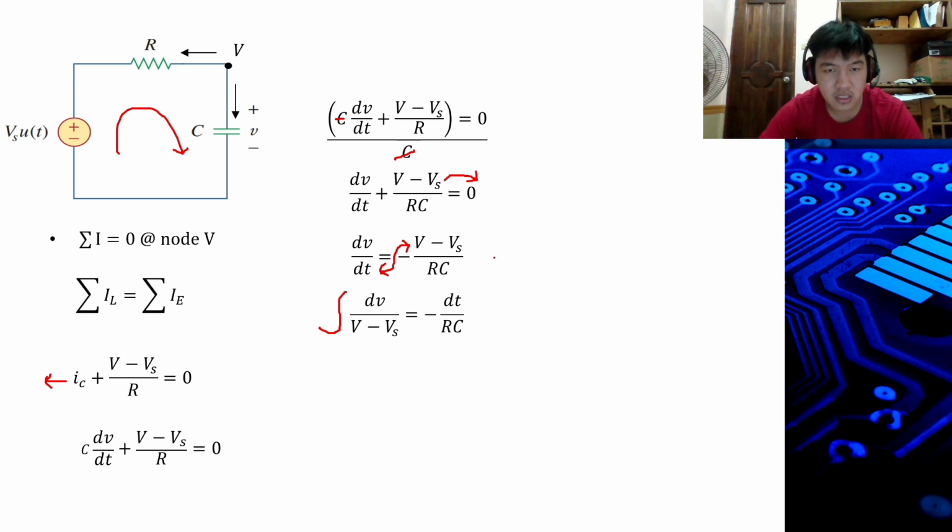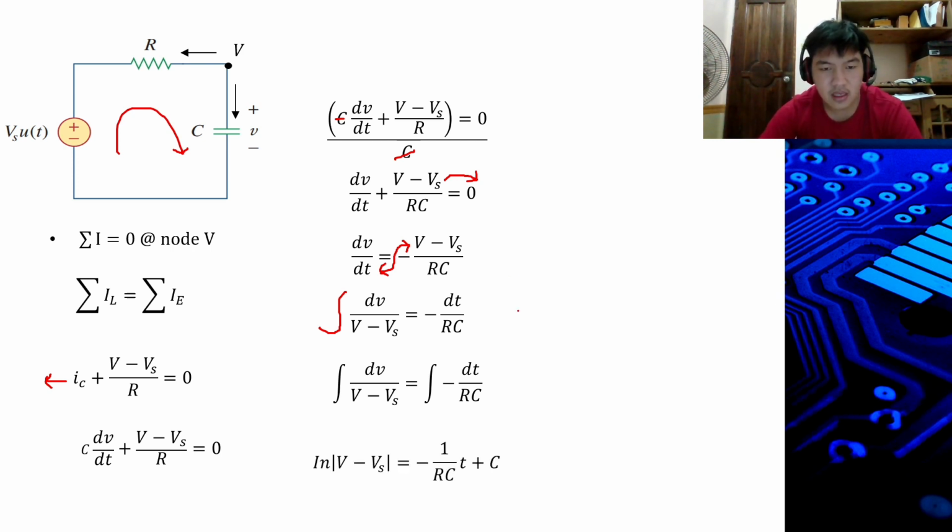Integrate both sides. So, the integral of dV over V minus Vs is equal to the integral of negative dt over RC, and we get ln of V minus Vs equals negative 1 over RC times t plus C, where the constant C is determined by the condition that at t equal to 0, V of 0 is equal to V naught.